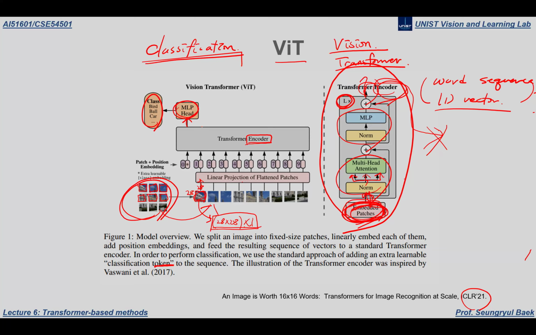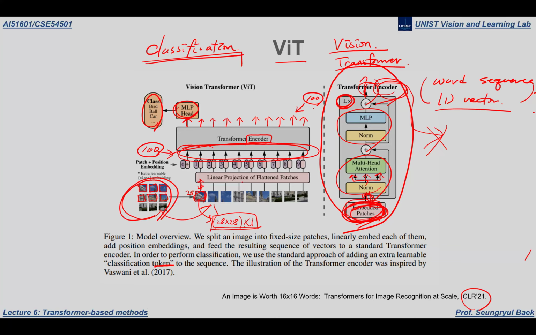Also, the other thing you have to notice is that originally, the transformer encoder outputs the same number of outputs as the input number. So when we input 100 tokens to the transformer encoder, we will output 100 output tokens.